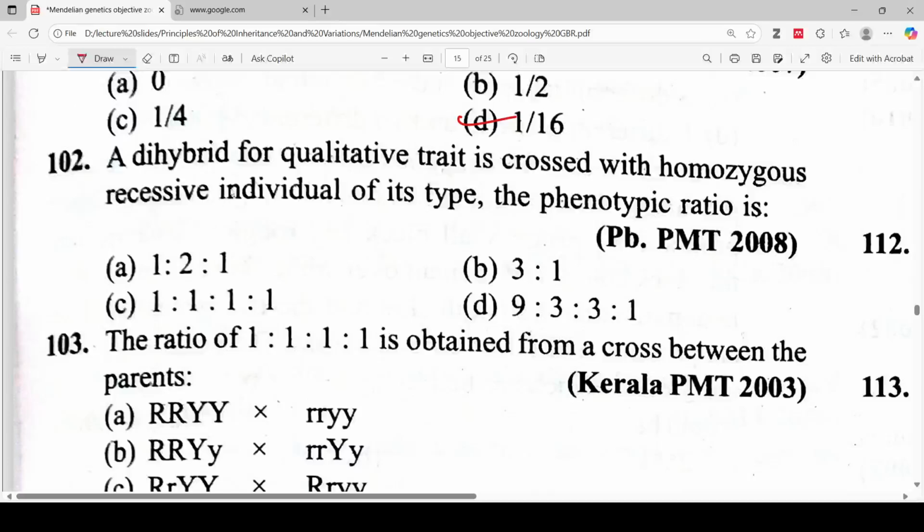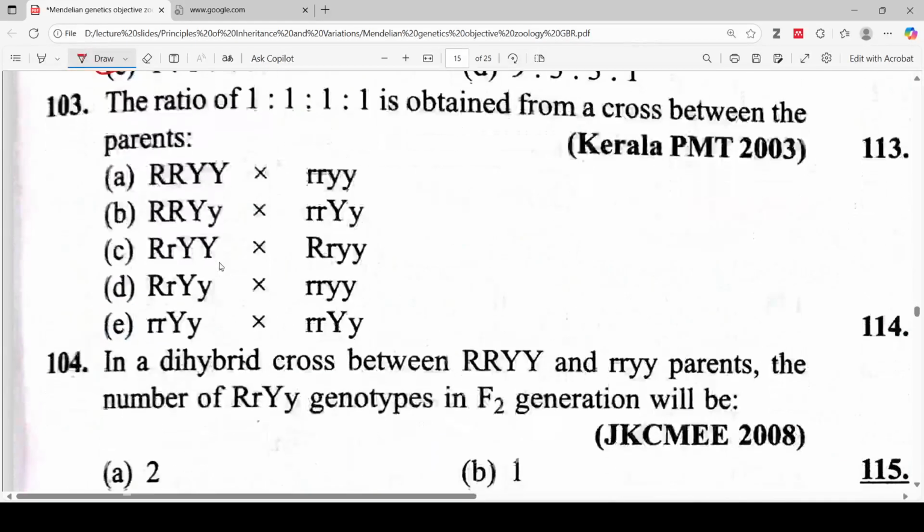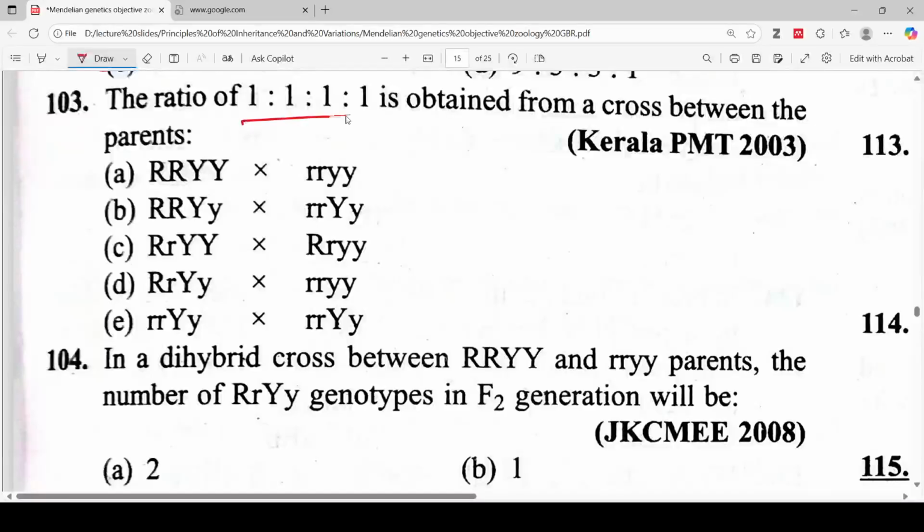A dihybrid for qualitative trait is crossed with homozygous recessive individuals of its type. The phenotype ratio is. So the correct answer is C. The ratio of 1:1:1:1 is obtained from a cross between the parents.